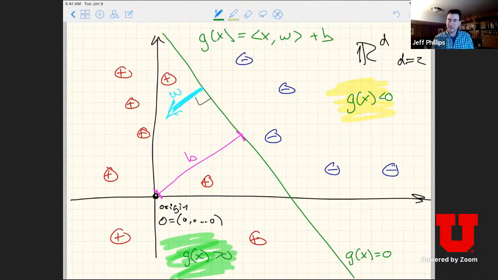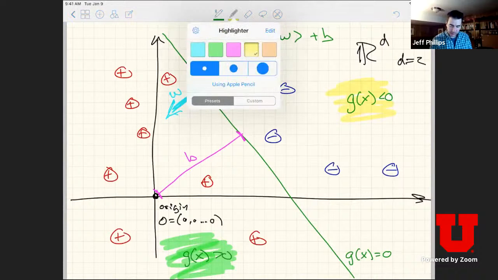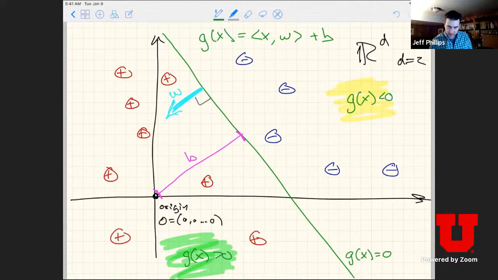Okay, so let's walk through an example with one of these data points here. Let's look at this data point right here. Let's label this guy x1.